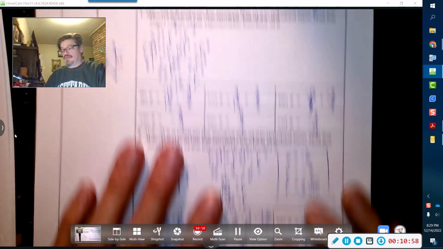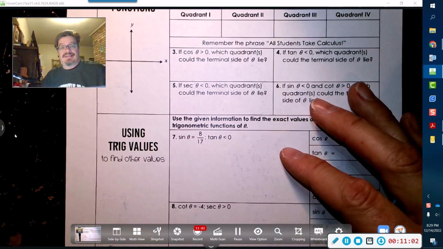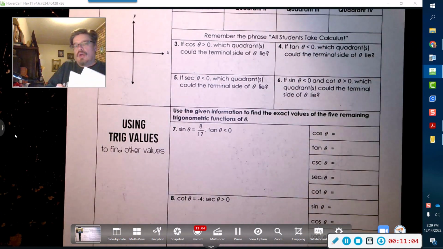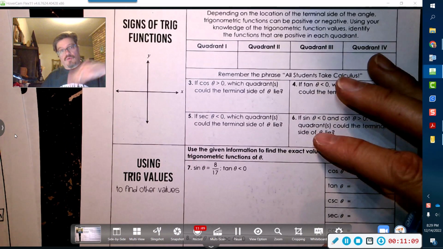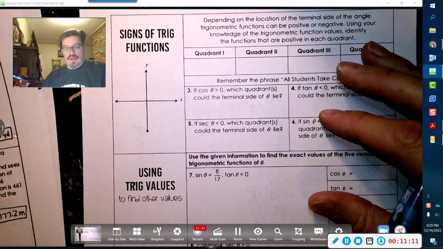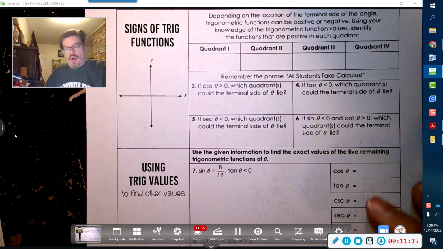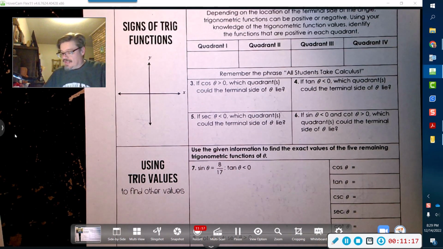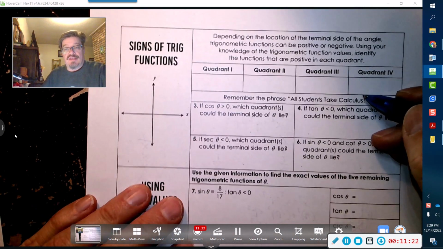Moving forward, what you might see is that there are certain quadrants where the sine is going to be negative and certain quadrants where it'll be positive. It all depends on where you're at. So we want to use a mnemonic called All Students Take Calculus, which is definitely not true.